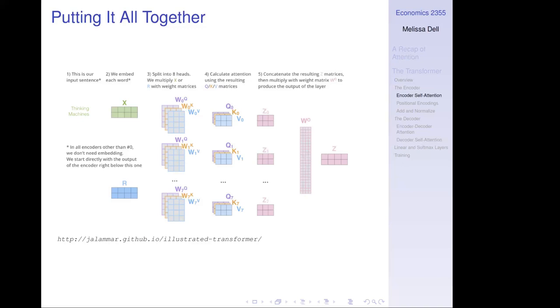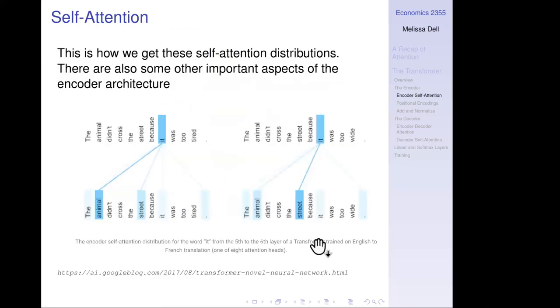We concatenate all of those and multiply them by another matrix to compute the final representation Z. Then that's going to go to the feed forward layer and circle back around to be the R that gets fed into the next layer. And so that's the sum up of how encoder self-attention works.